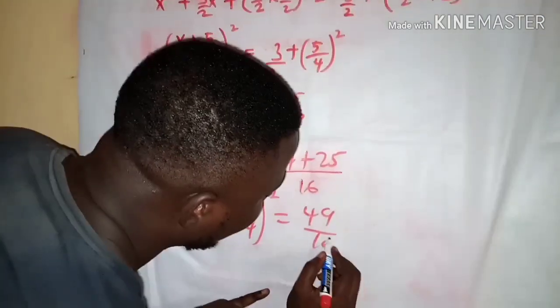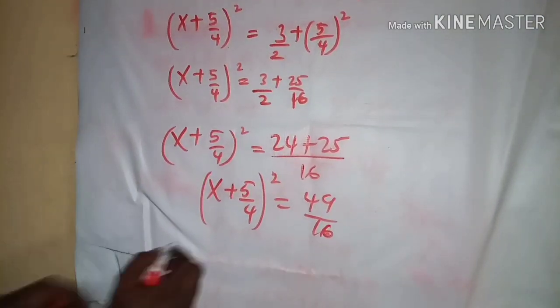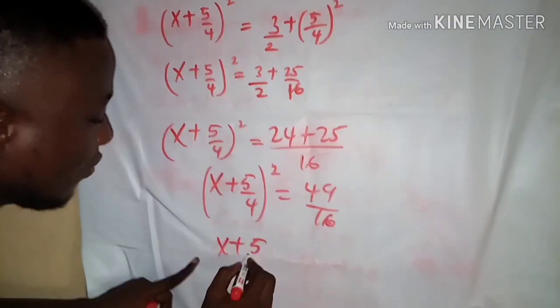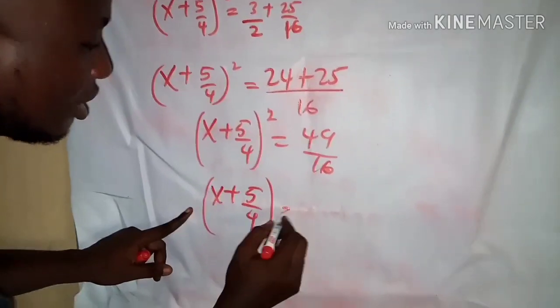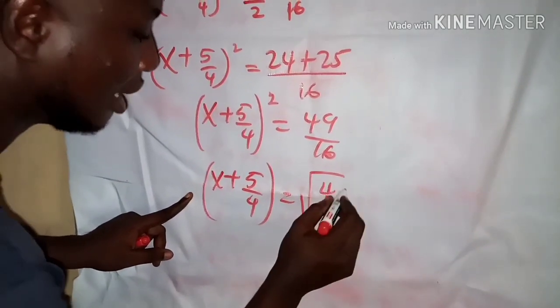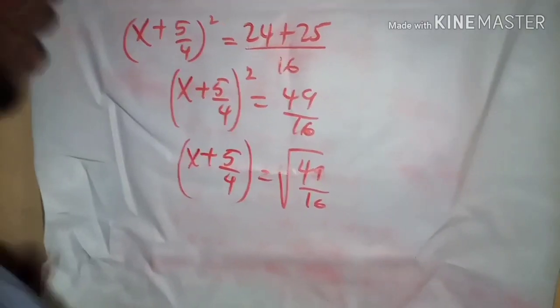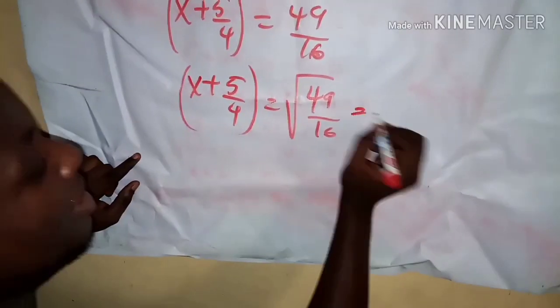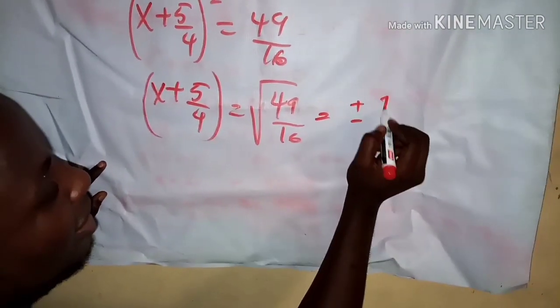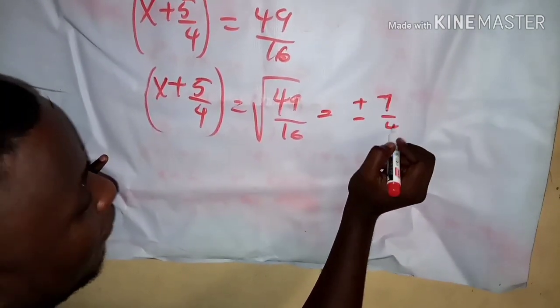So using the square root principle, we have x plus 5 over 4 is the square root of 49 over 16, which is the same thing as plus or minus 7 over 4.